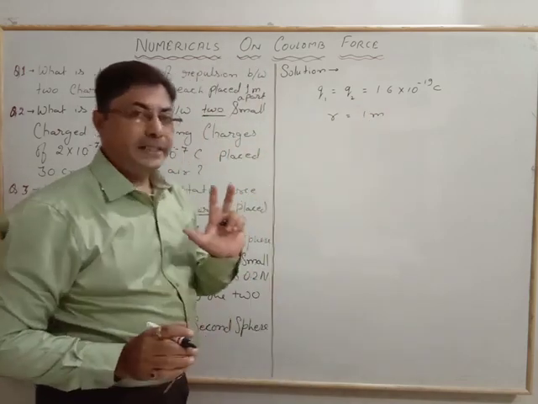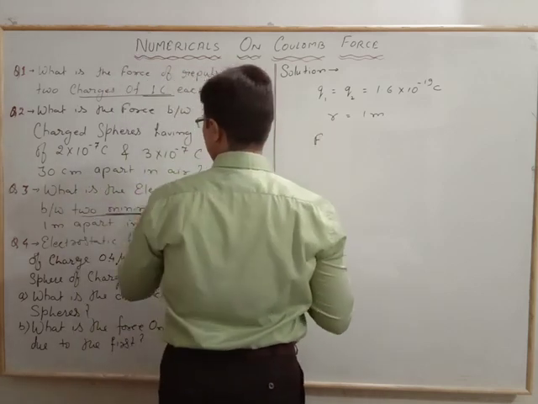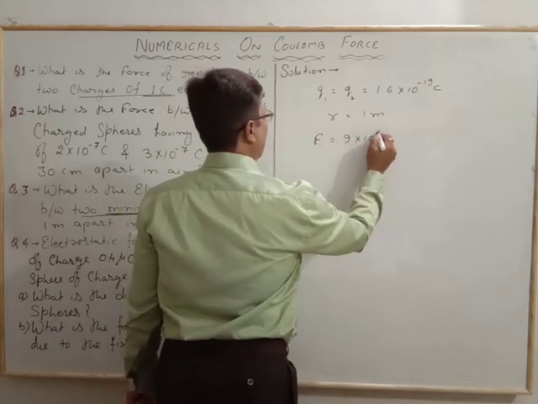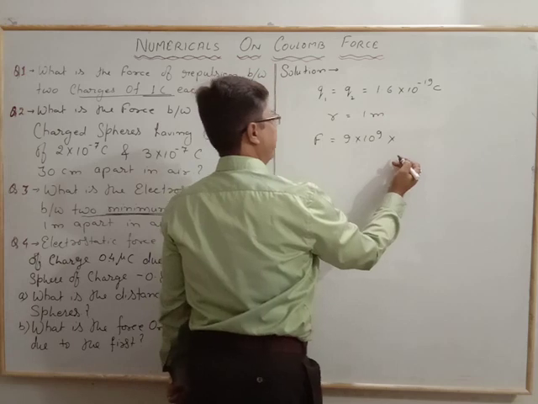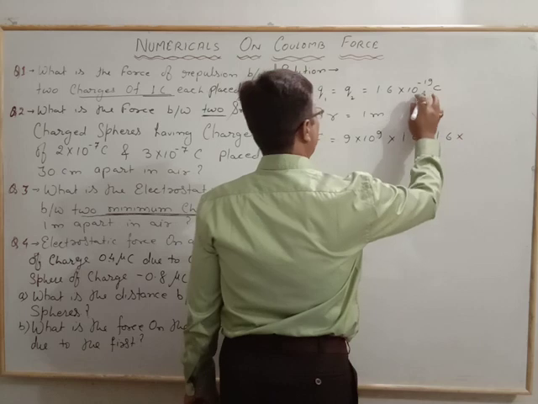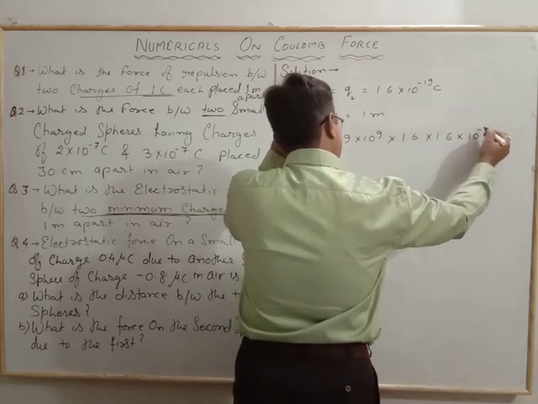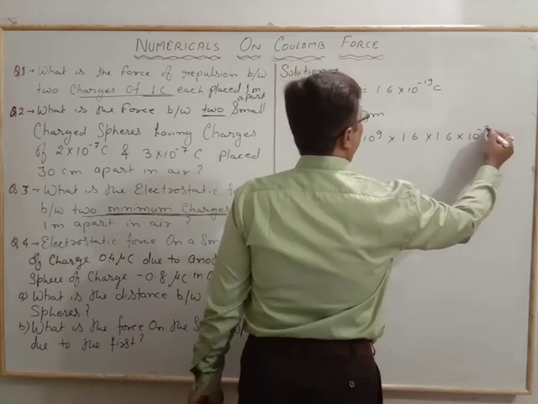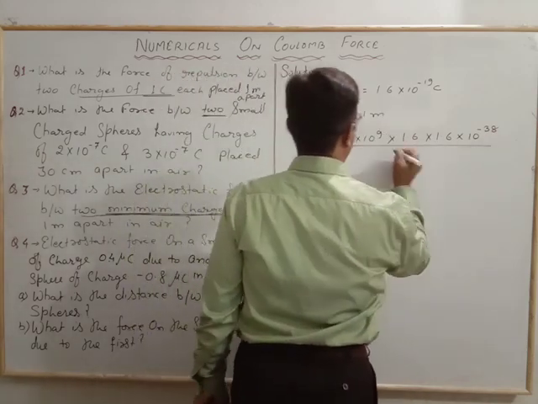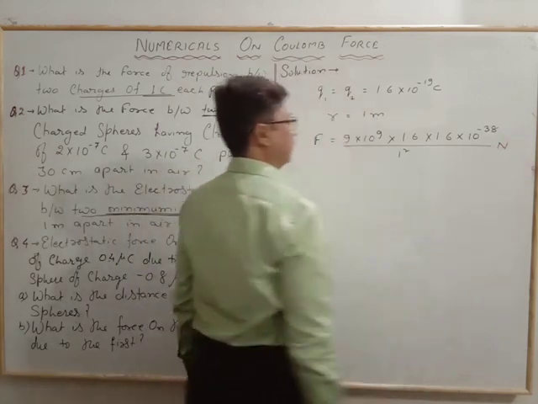So again we can calculate by the very simple formula for the force between the two charges: 9 × 10^9 × 1.6 × 10^-19 × 1.6 × 10^-19, so that becomes 10^-38, divided by 1 meter squared. And that much is the force in newtons.